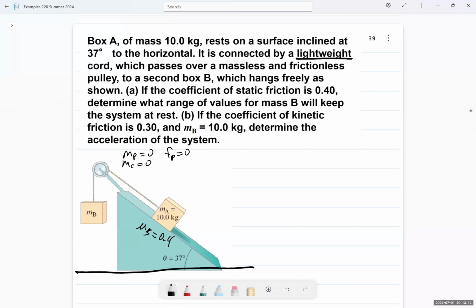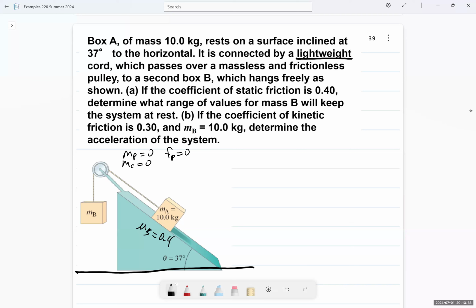Let's look at the system still being in equilibrium, and what the value of the mass of B should be so that we are in equilibrium and the friction here is able to keep it there.